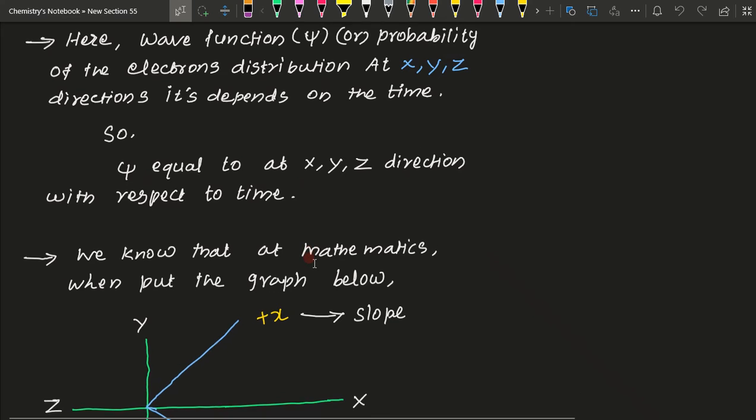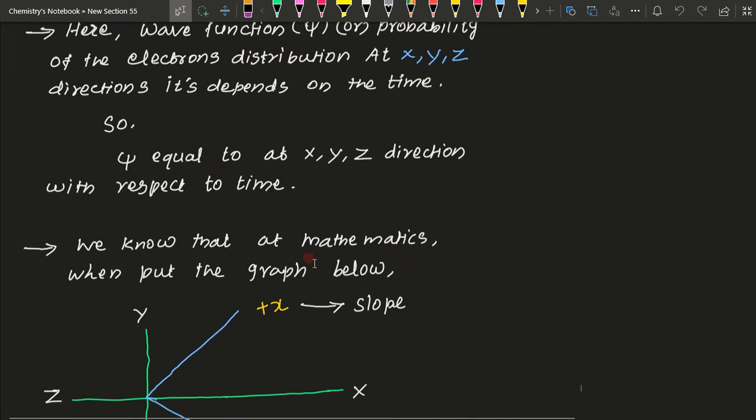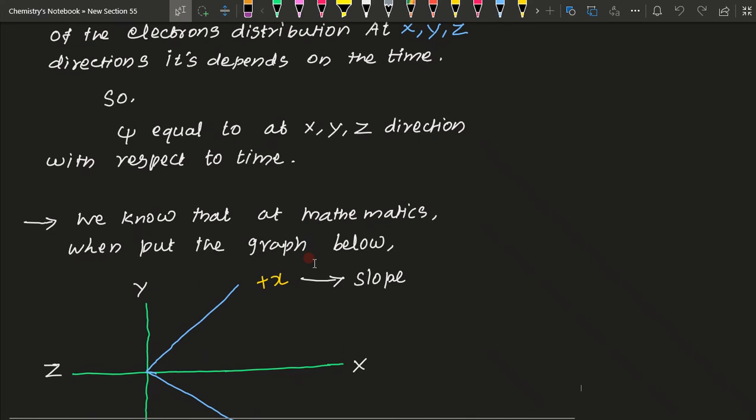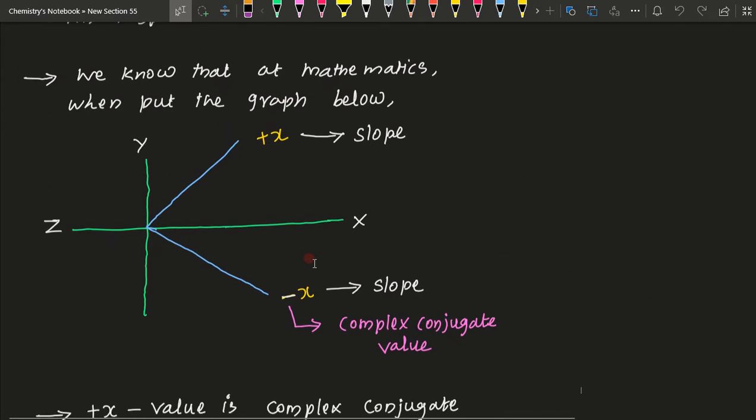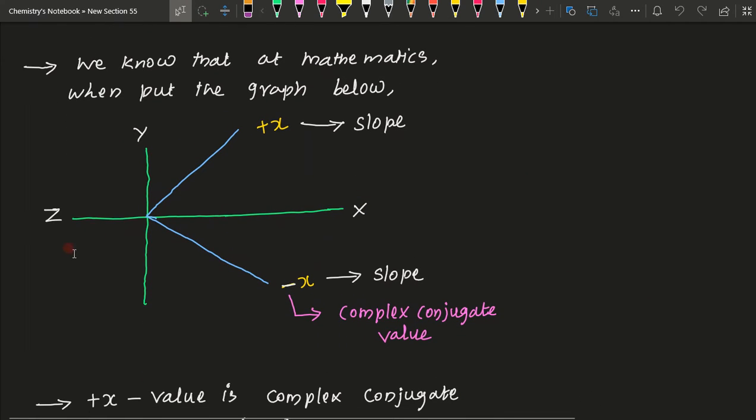We know that in mathematics, when we put the graph below, see, this is x, y, z. When we put the graph, here is positive x, here is negative x.